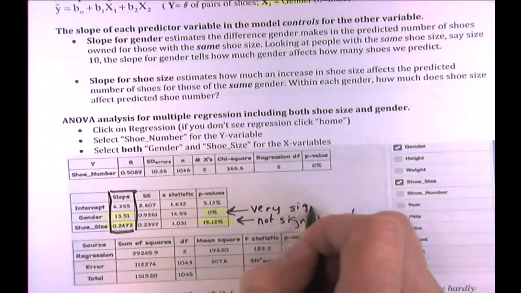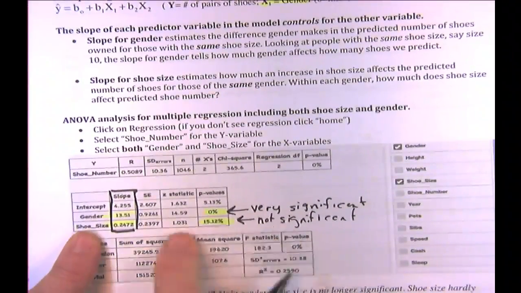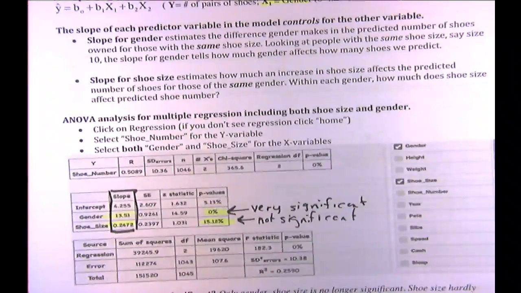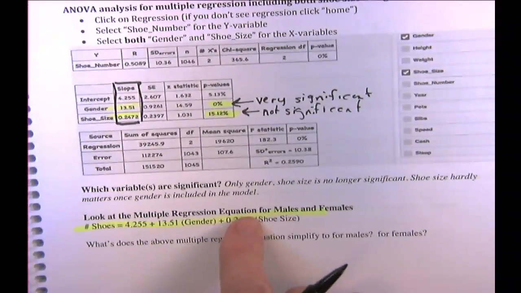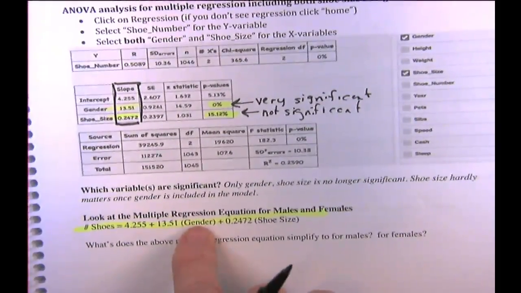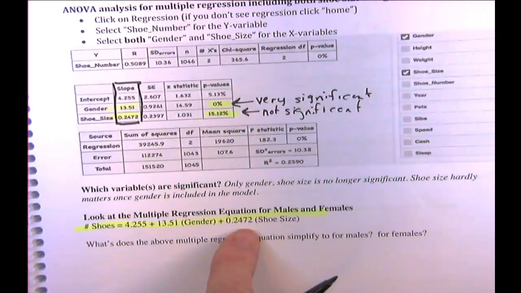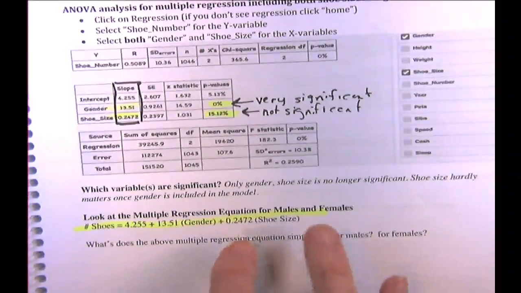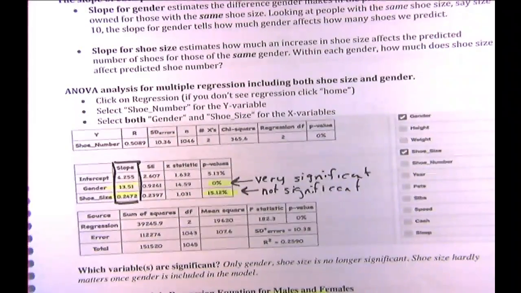So what that's saying is very similar to what we saw before, that this slope doesn't really matter much. It's not significant. Gender is the driving force that's determining the number of shoes. Now, it didn't go all the way to 0, but it's not significant.